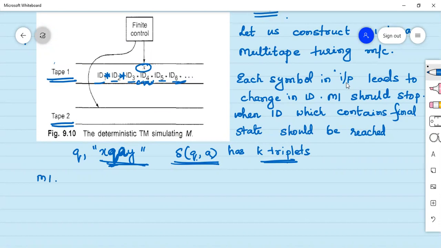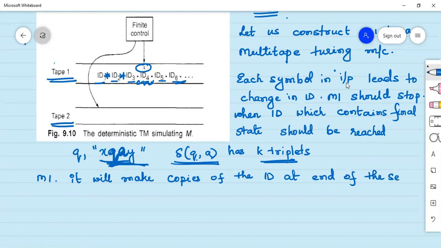will make copies of the ID at the end of the sequence. So this is ID4, XQAY is ID4, and Q on A has some triplets, say 3 or 4 triplets.